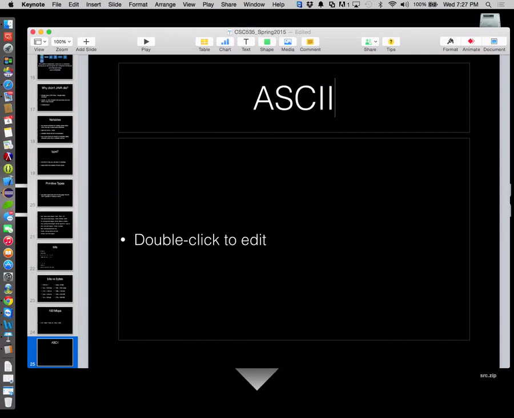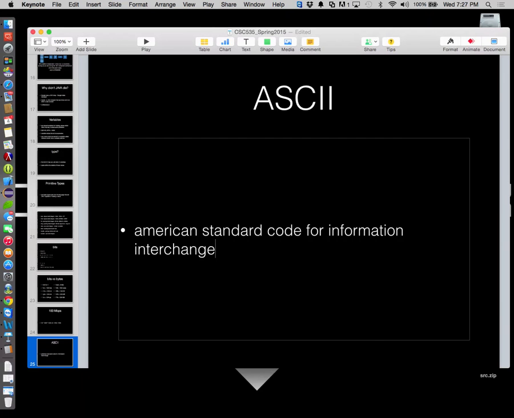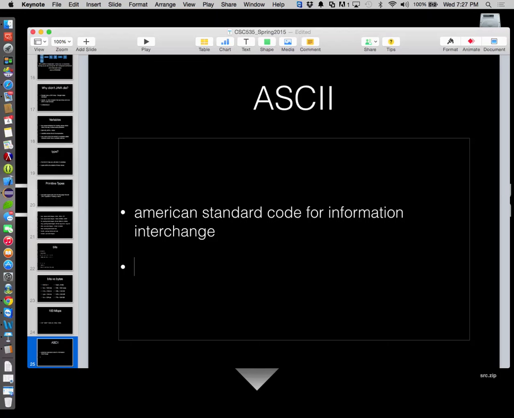How many of you have heard of ASCII? What is ASCII? Keyboard alphabet. Okay. For all languages. You said it doesn't support all languages? Okay. So ASCII, first of all, stands for American Standard Code for Information Interchange.